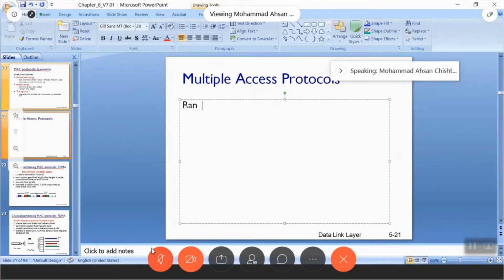Ramanand, what are you seeing? Okay, that's fine. So we have three categories, the first being random access protocols.